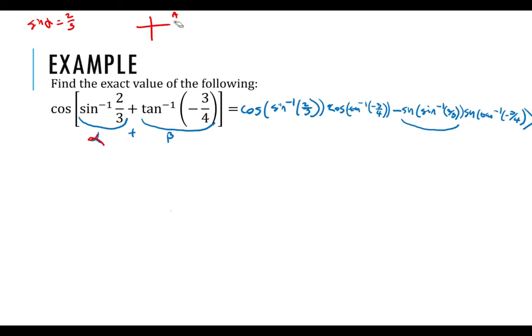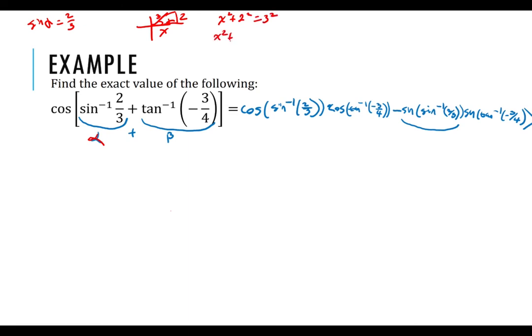And so since I've got to be in the first quadrant, I know that I've got my alpha, where my alpha is specifically here. Then given the information here, I know that 3 is my radius, and my y is 2. And then if I can find the x, then I'll know my answer. And so using the Pythagorean theorem, x squared plus 2 squared is equal to 3 squared.